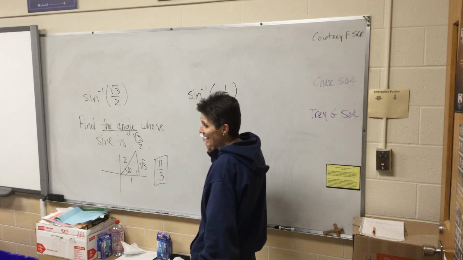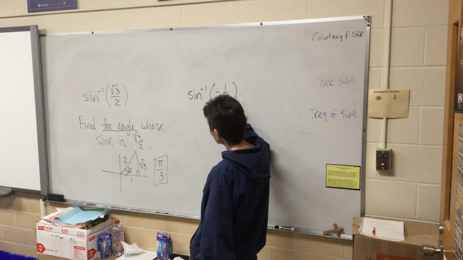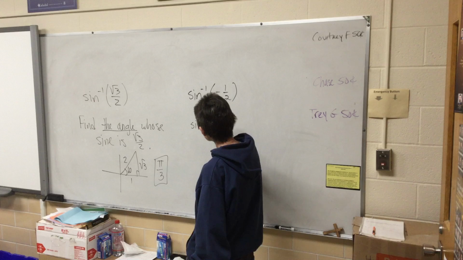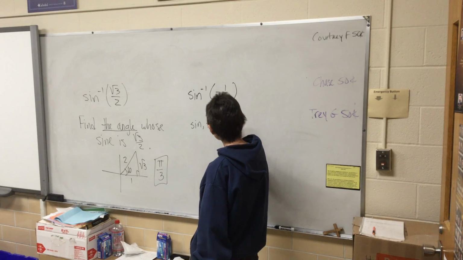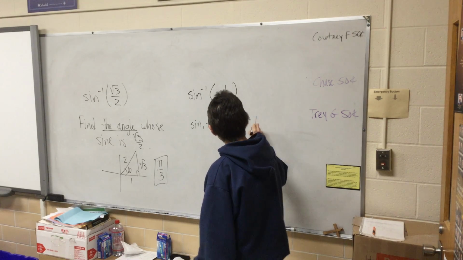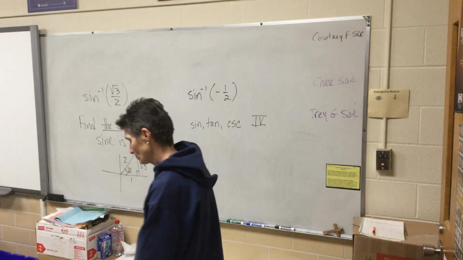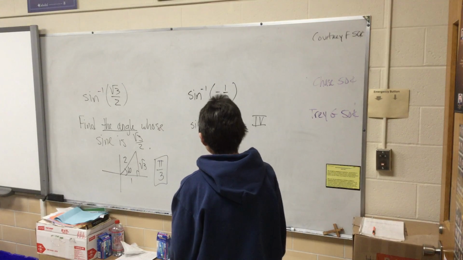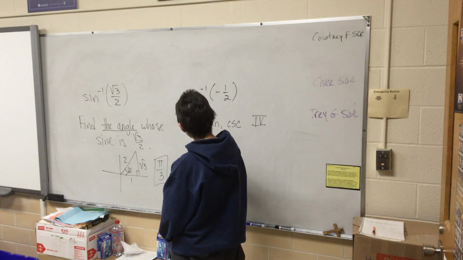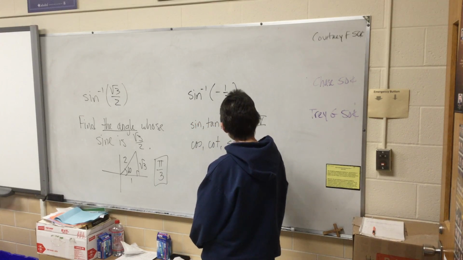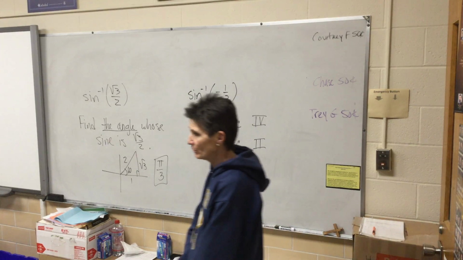But when that number is negative, if it's a sine, a tangent, or a cosecant, you're going to draw it in quadrant 4. If it's a cosine, a cotangent, or a secant, you're going to draw it in quadrant 2.